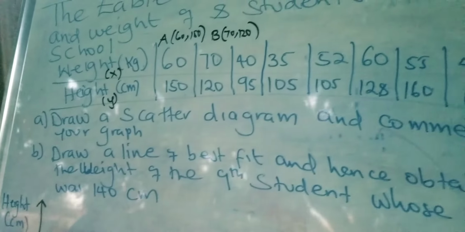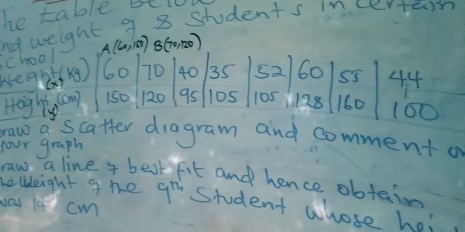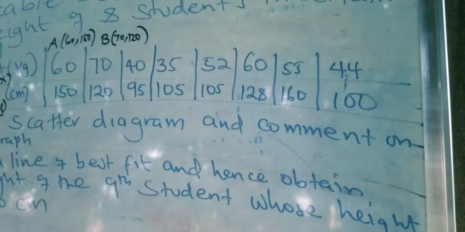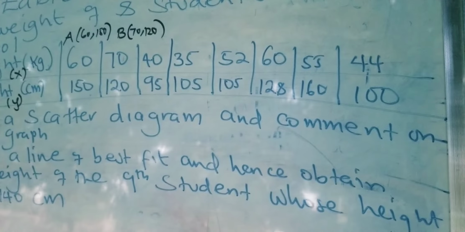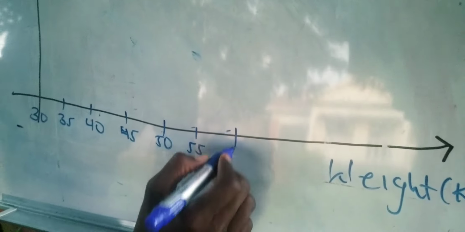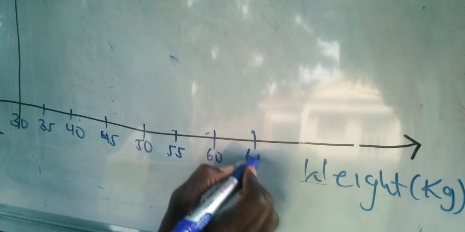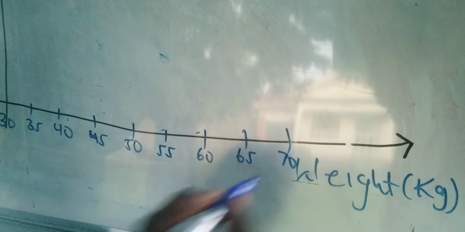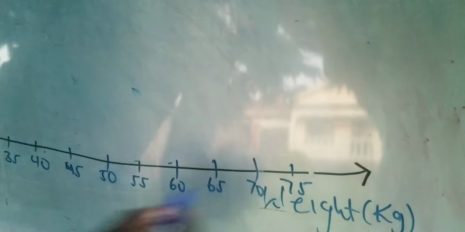So looking at my values here, I have from 35 on the x up to 60. So I'm going to start maybe with 30 here, then go on adding 5: 35, 40, 45, 50, 55, 60, 65, 70. My last value is 70, so I can end on 75.